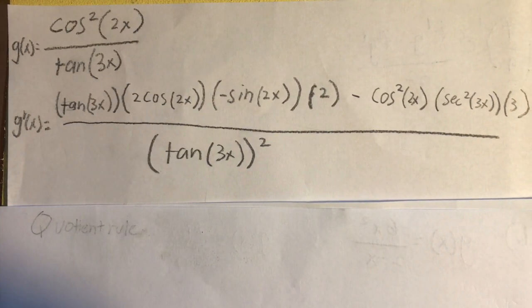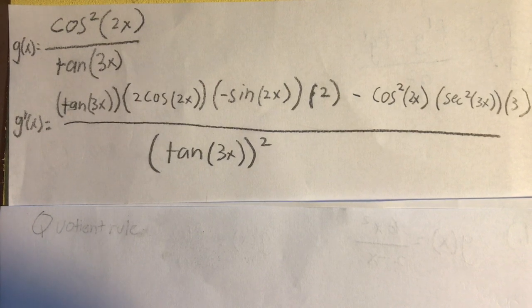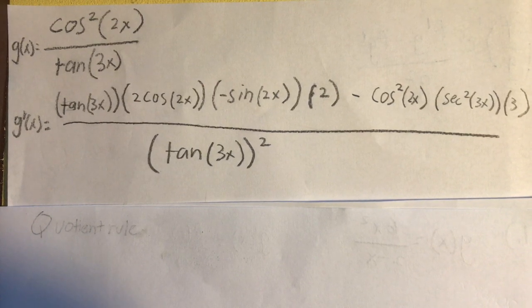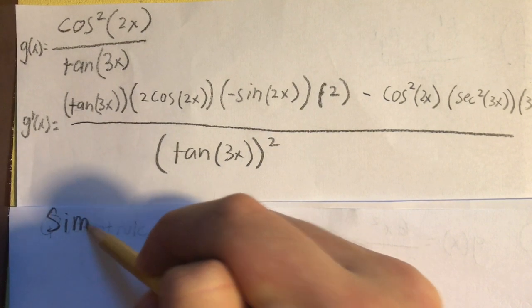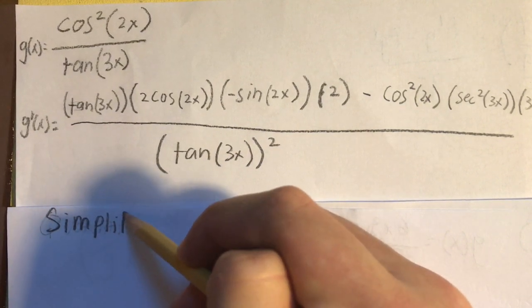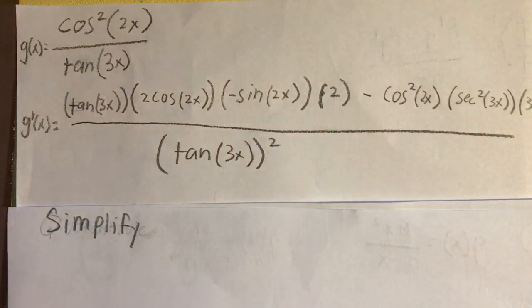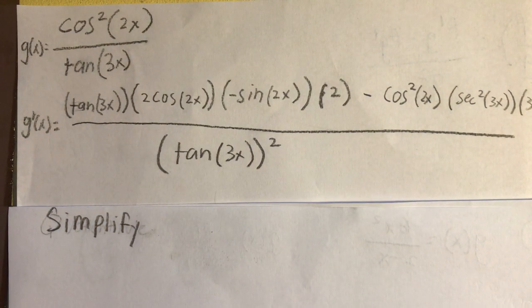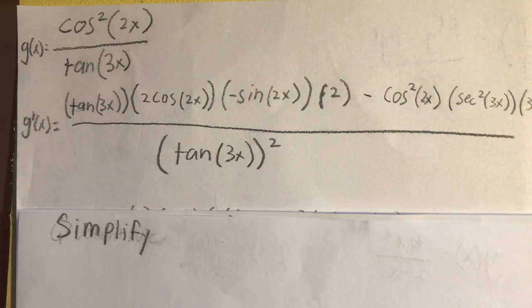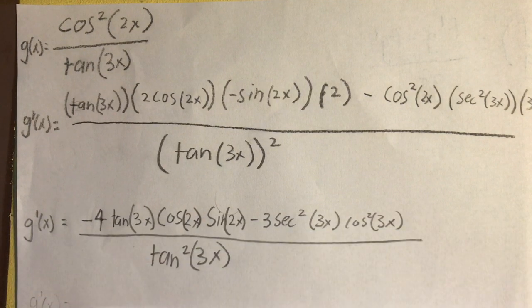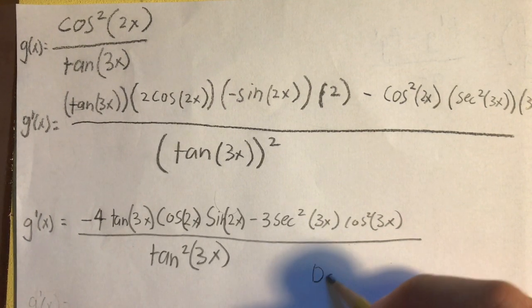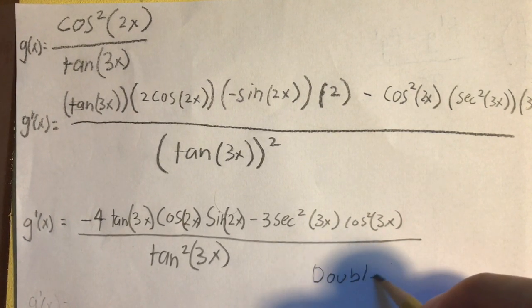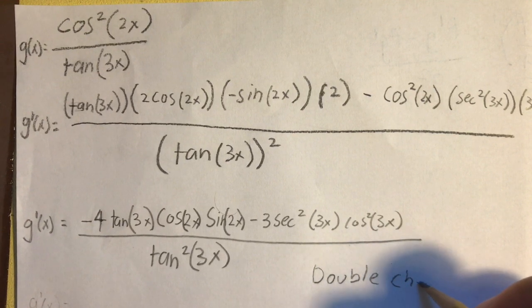And this function does look very unsimplified, so we have to make sure that we simplify it further. It seems just by looking at it that we can probably combine some like terms in the numerator. So we multiply the 2's together and the -1, and we end up with something like this. Now, it's quite rare that we'll be left with something so unsimplified, but just make sure to double check.